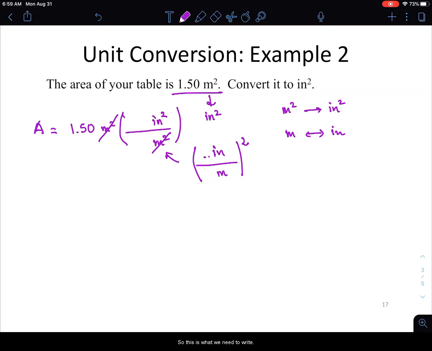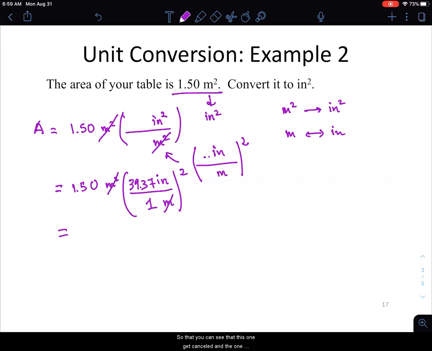So this is what we need to write. So let me start writing it. We need something like that with the meter in the bottom and inch on the top. So if you look up the conversion factor, you see 1 meter is 39.37 inch, and that's square.